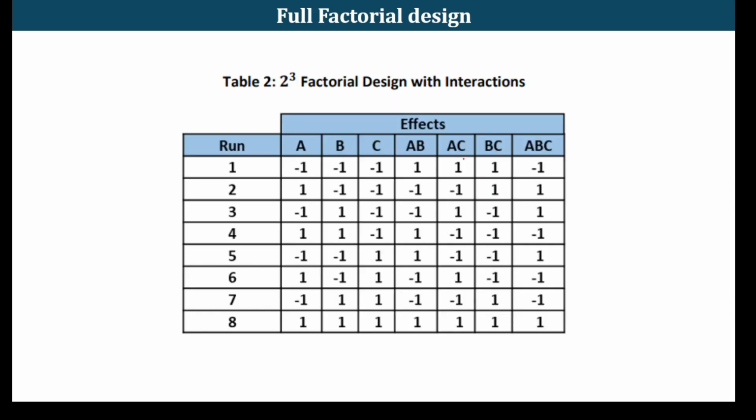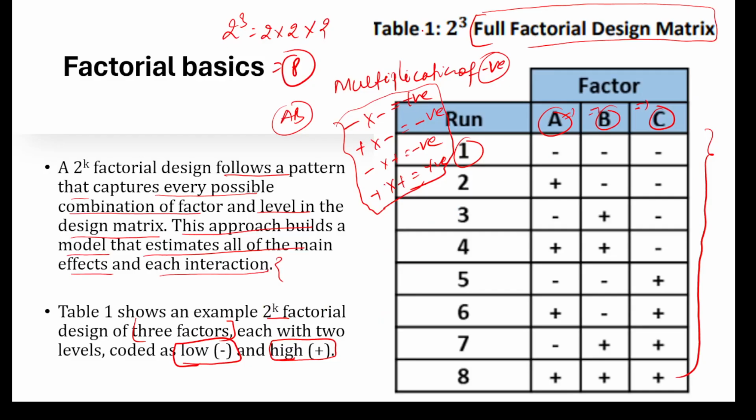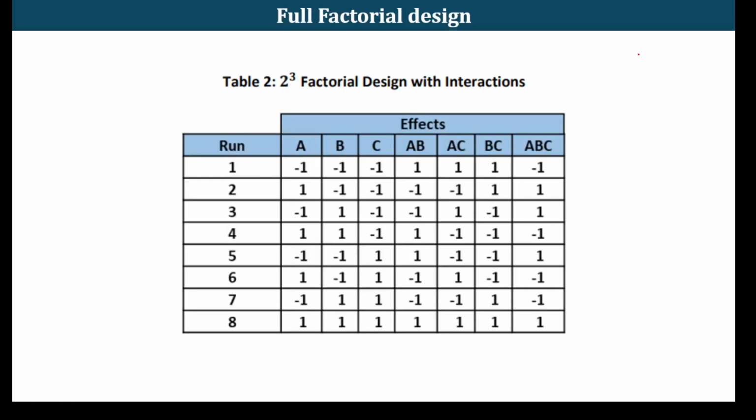So let's say this is, I told you, without interaction. Okay, and if we see this one, this is with the effects. Let's say this is the three-factor design. Three-factor designs are there.